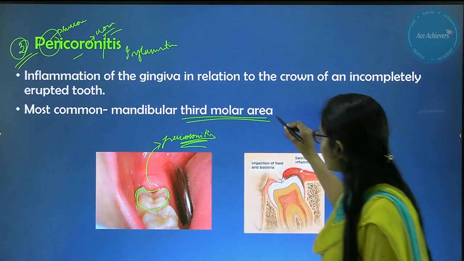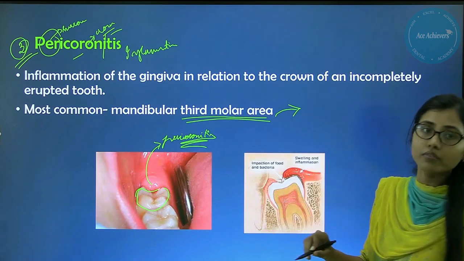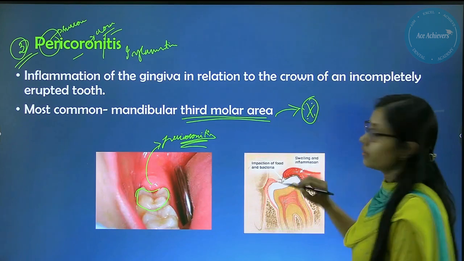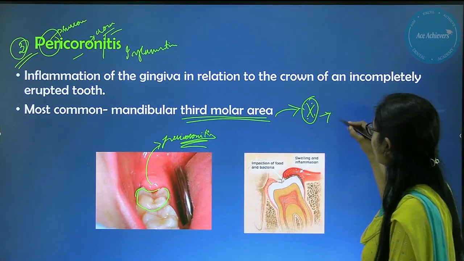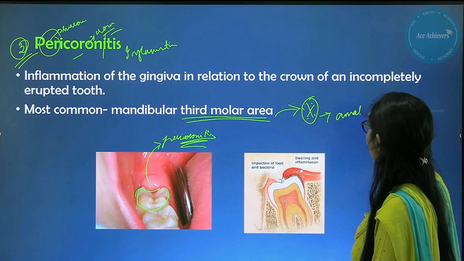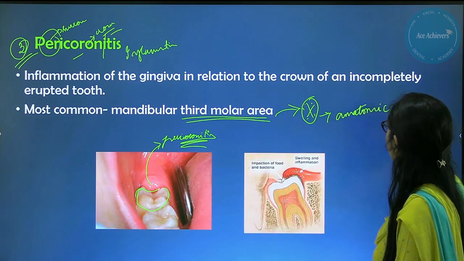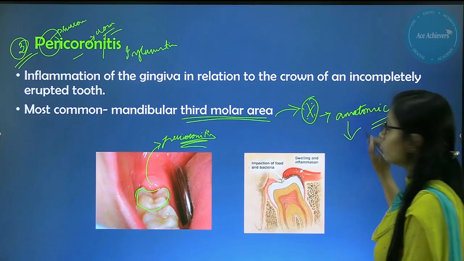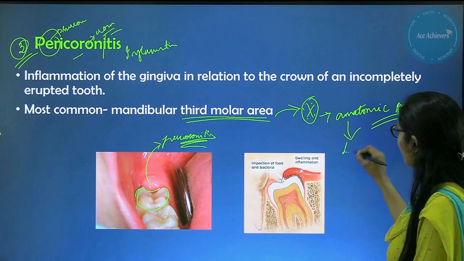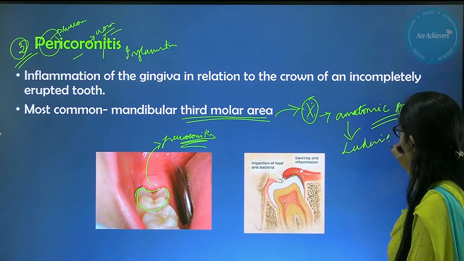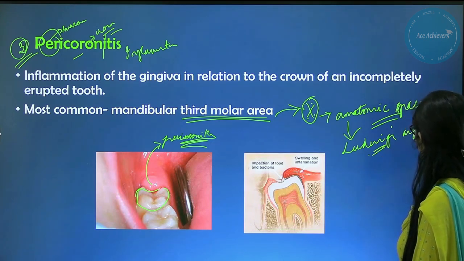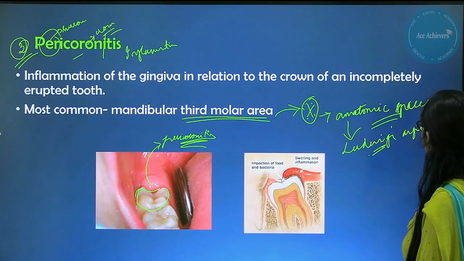That is why this is a very important lesion, because if it is not treated, it might involve the underlying anatomical spaces. It can lead to potential sequelae like Ludwig's angina, where there is involvement of all three spaces: sublingual, submental and submandibular.